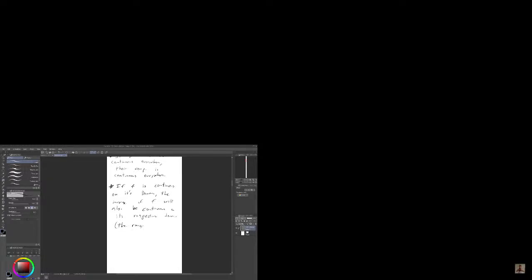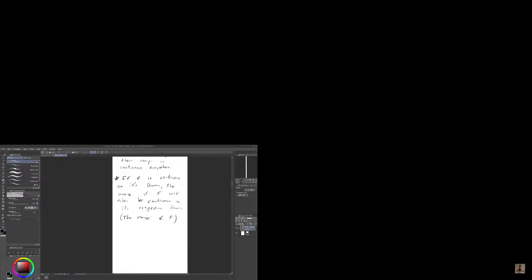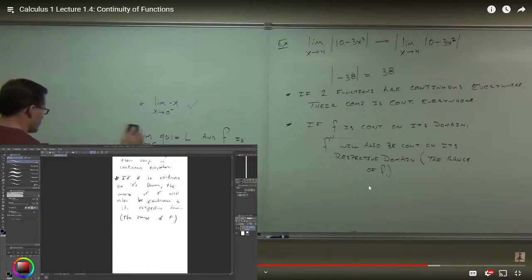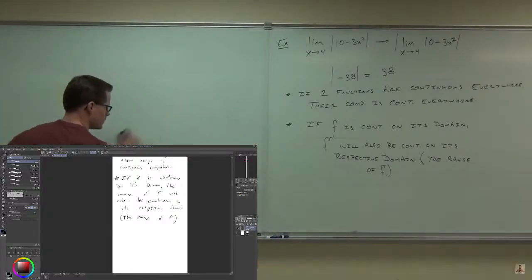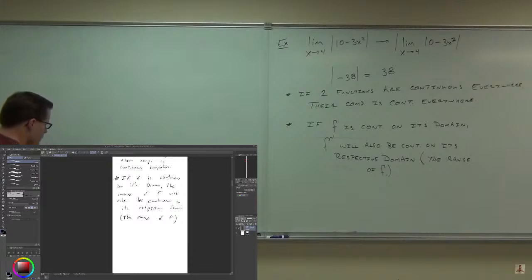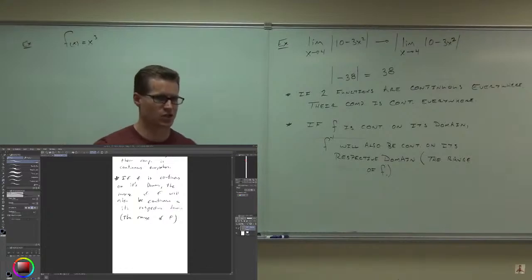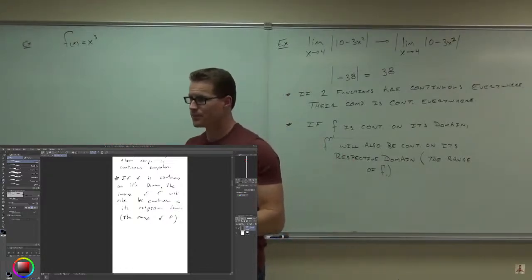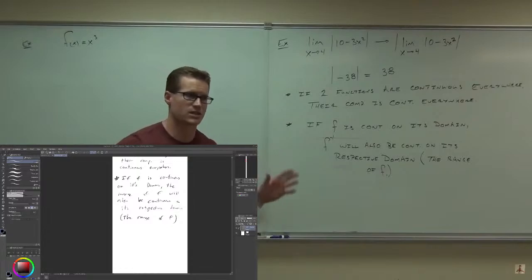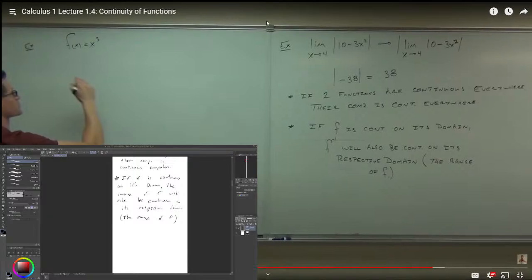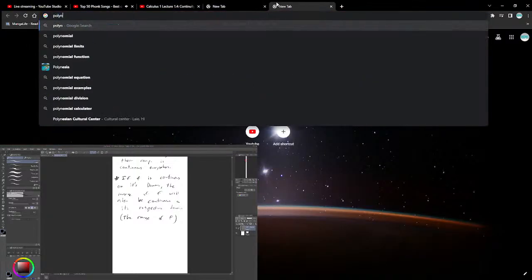Okay, in the last minute that we have, let me give you one quick example. Let's just say f of x is x cubed. Is x cubed a polynomial? That means it's continuous everywhere. So it's continuous on the entire domain, the entire real number system. What exactly is a polynomial?